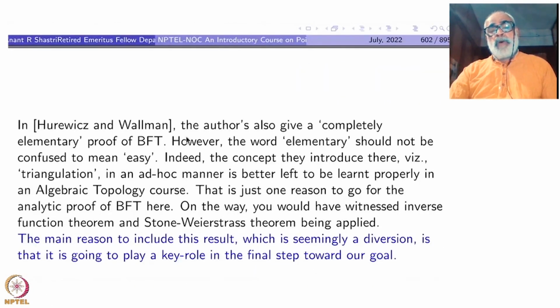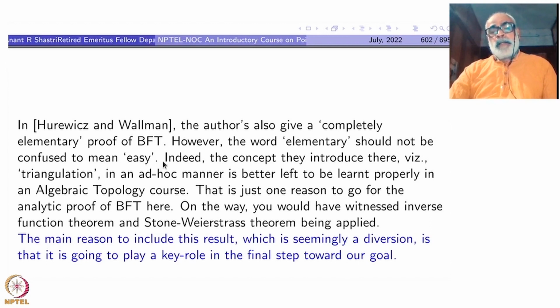In Hurewicz and Wallman's book, which I am referring to quite often, the authors also give a completely elementary proof, quote unquote, of the Brouwer fixed point theorem. However, the word elementary should not be confused to mean easy.